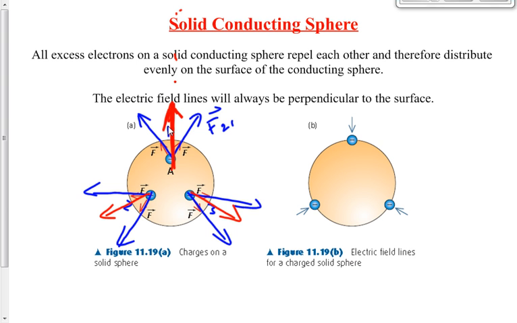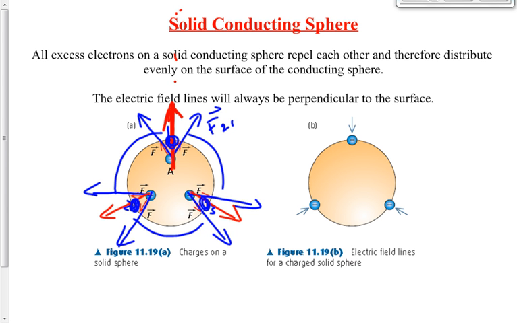The other thing that I want you to notice is that these charges are going to the outer surface, but if you look at the spacing of them, they also end up being evenly distributed. And that's going to happen every time. If you've got a solid conducting sphere, the extra electrons will go to the outside, and they will be on the outer surface evenly distributed around it, evenly spaced. If they're not evenly spaced, then the forces aren't going to balance.